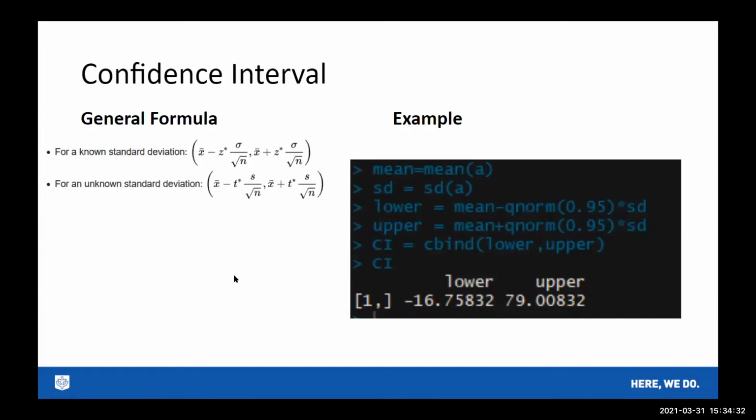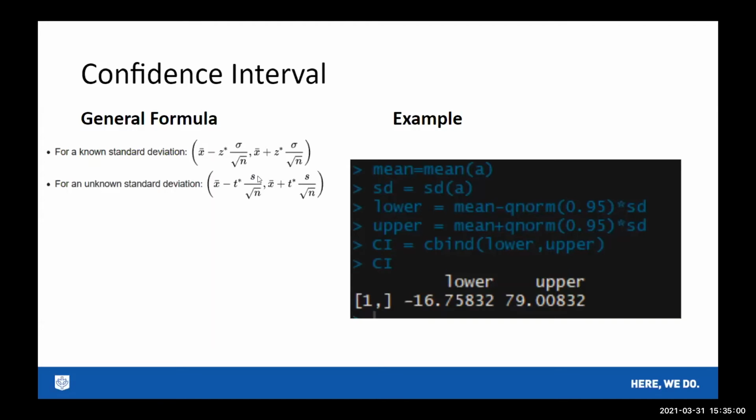You can also calculate a confidence interval. If you want to be 95% certain that your mean is within these two values, this is the formula that you would use. If you know the standard deviation, then you would use a z-score with the known population standard deviation divided by your number of samples.